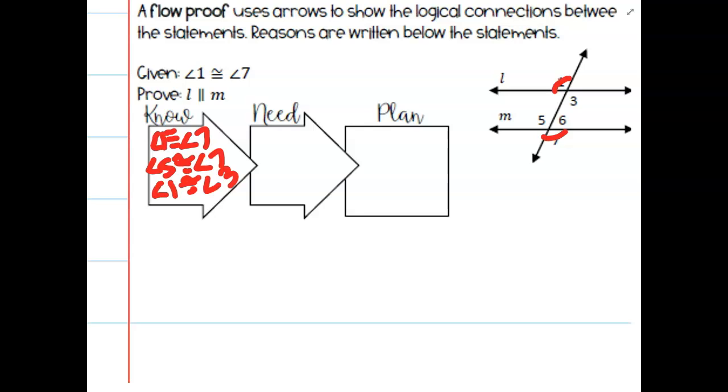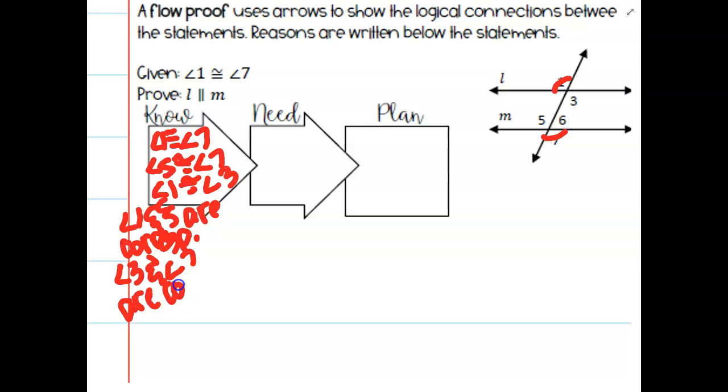Let's do angle 1 and angle 5 are corresponding. And we could do the same thing with 3 and 7. Angle 3 and angle 7 are also corresponding. I don't have enough room in that little box there. Sorry about that. There's other stuff that we know, but I think these are the things that are going to be useful.